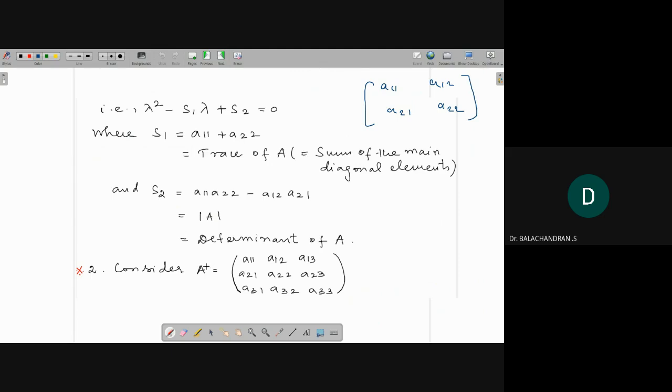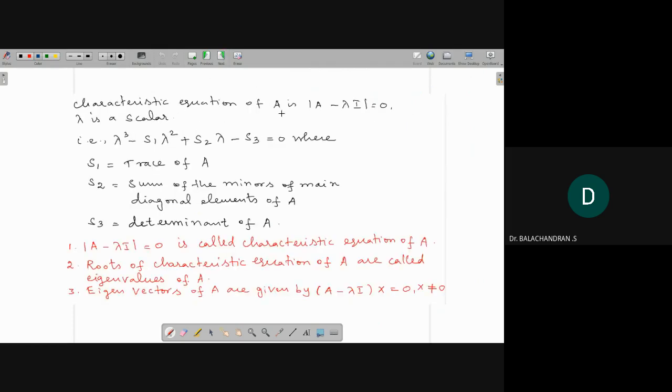Suppose the general form of a 3 by 3 matrix is A equal to A11, A12, A13, A21, A22, A23, A31, A32, A33. The characteristic equation of the matrix A is the determinant of A minus lambda I equal to 0, where lambda is a scalar. Here A is a 3 by 3 matrix, so your characteristic equation is a polynomial of degree 3, a cubic equation.